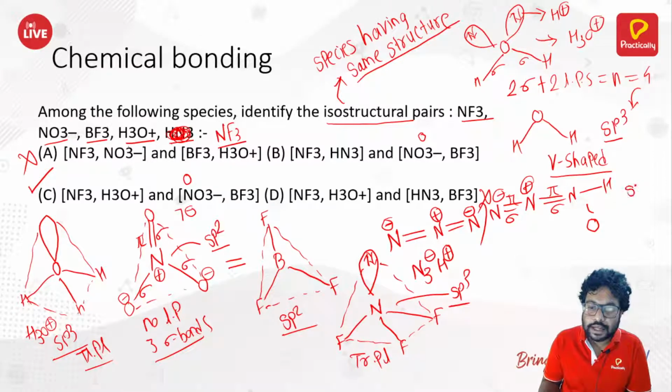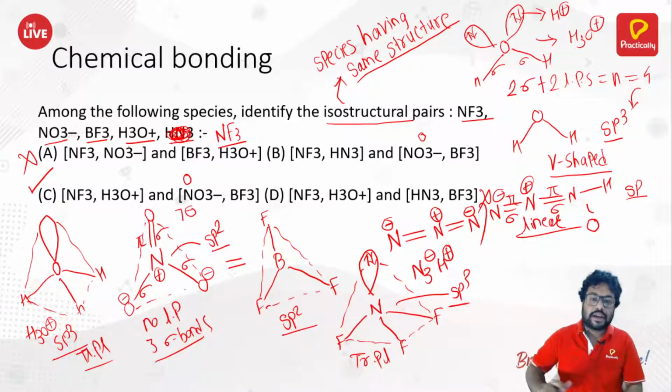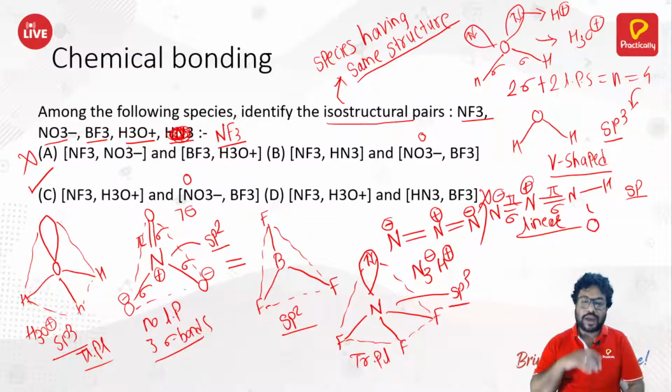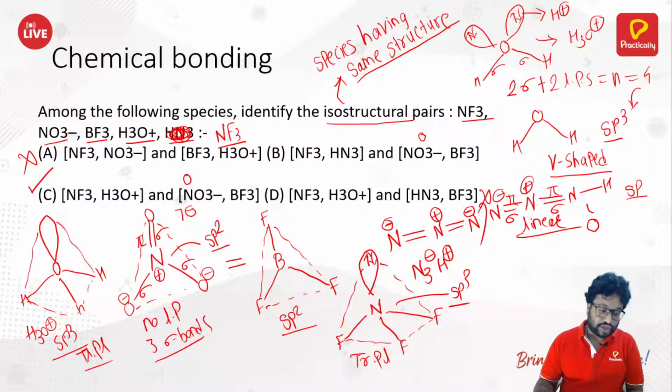So hybridization has to be sp. If it is sp, it's linear. Did you see any other compound here which is linear? No. And that is why we cannot include HN3 here. Okay. That is how you can solve these isostructural related questions.